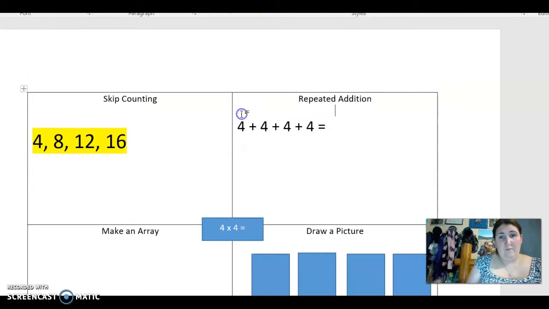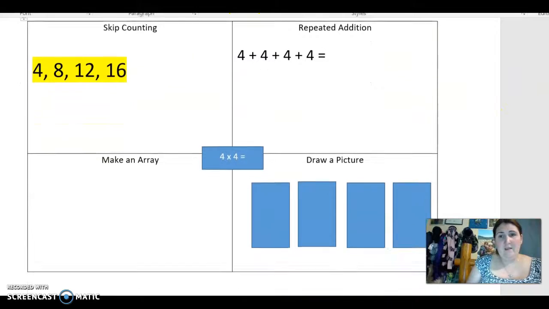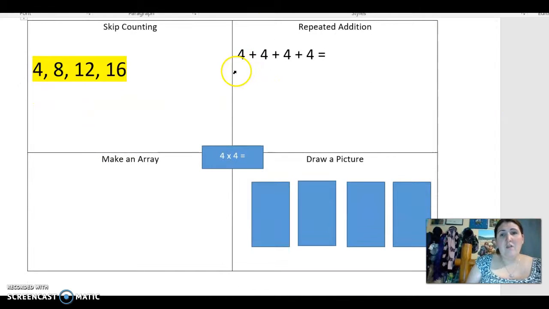So if my screen holds still, let's count them. Ready? 1, 2, 3, 4, 5, 6, 7, 8, 9, 10, 11, 12, 13, 14, 15, 16. So if I used repeated addition, I also got 16.